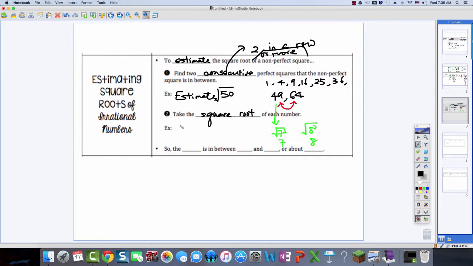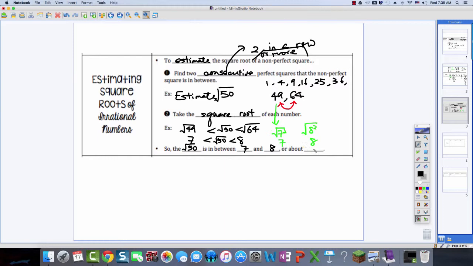And now we can draw the conclusion that root 50 is slightly greater than root 49 and quite a bit less than root 64. Therefore, it's slightly greater than 7 and quite a bit less than 8. So we can draw the conclusion that root 50 is between 7 and 8.